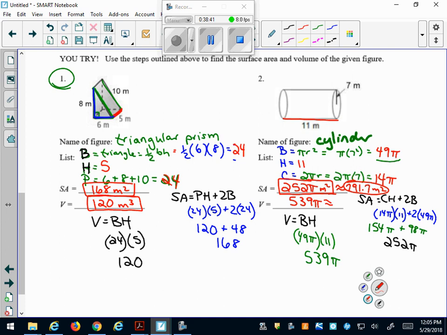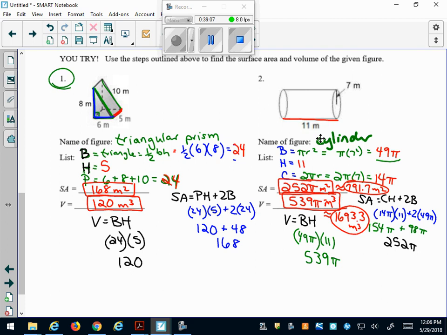We need to put our units here. So cubic meters for volume. And that's going to be approximately equal to 1693.3. That's the approximate answer.